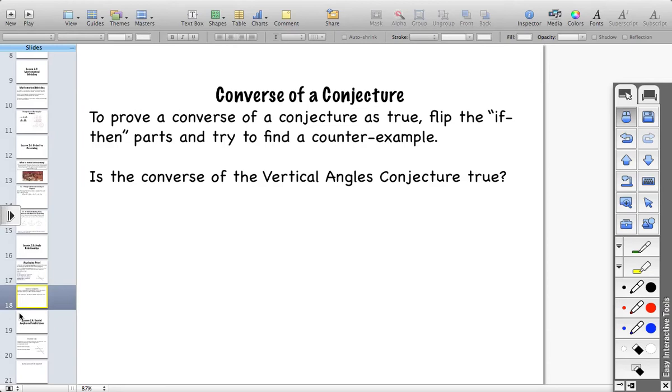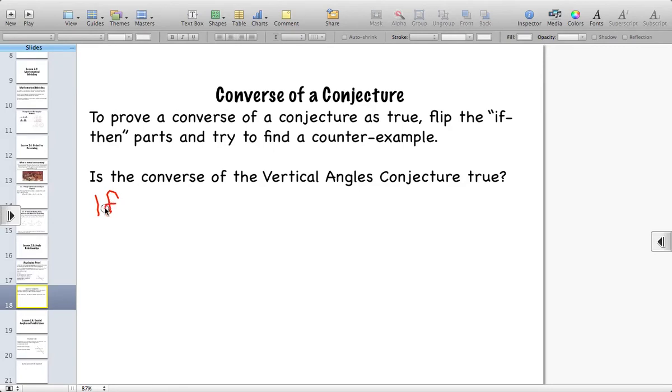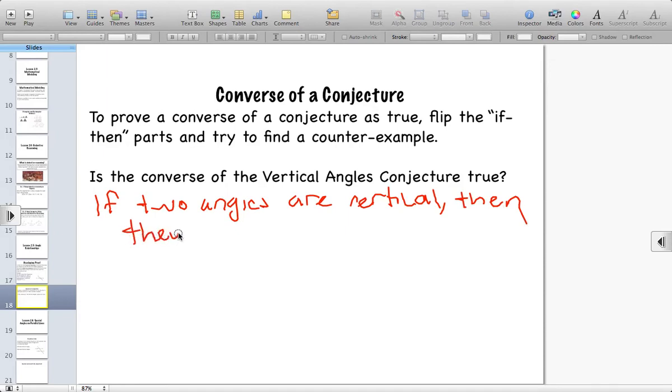would it be true? So the vertical angles conjecture is, if two angles are vertical, then they are congruent.